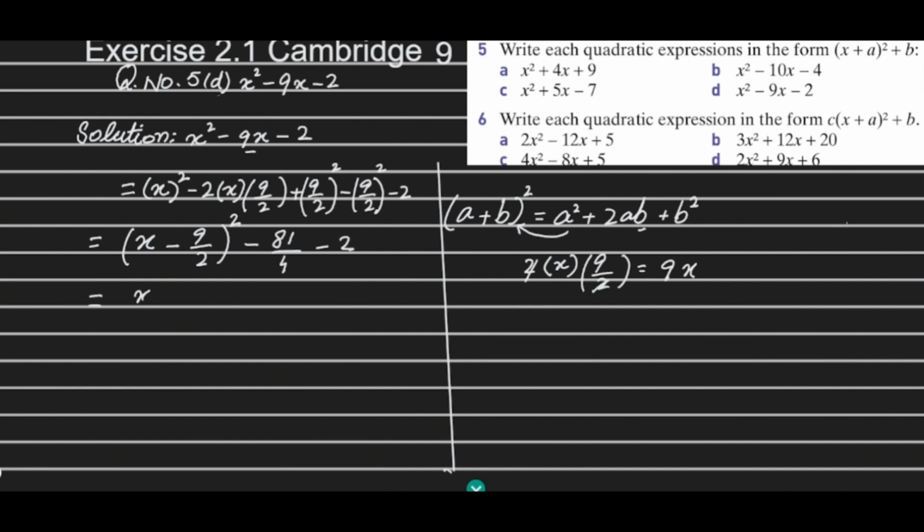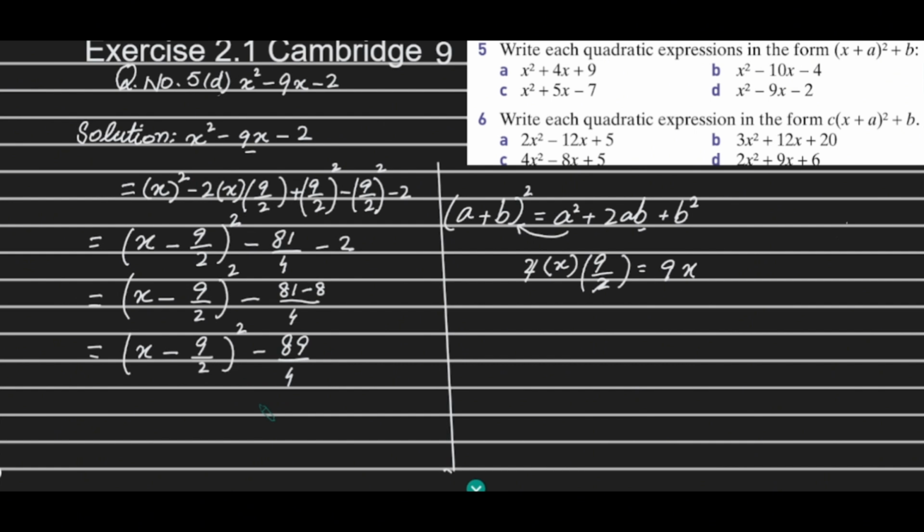Now (x minus 9 by 2) squared, and here we take the LCM. When we take the LCM, we get 4, 81 minus 8. Then the answer will be (x minus 9 by 2) squared minus, here minus 81 minus 8, we get minus 89 by 4.